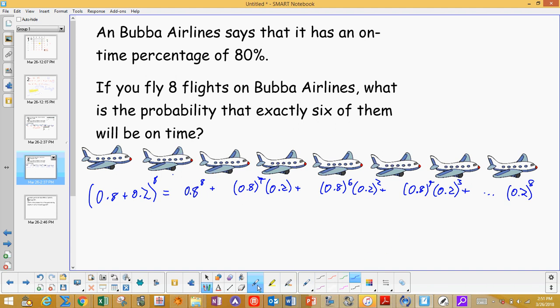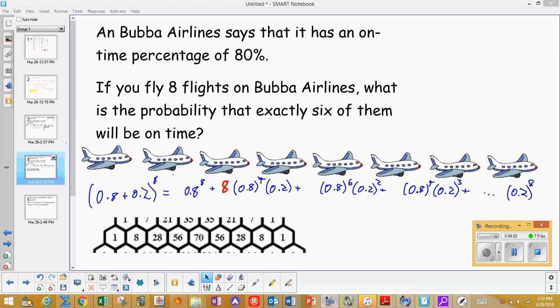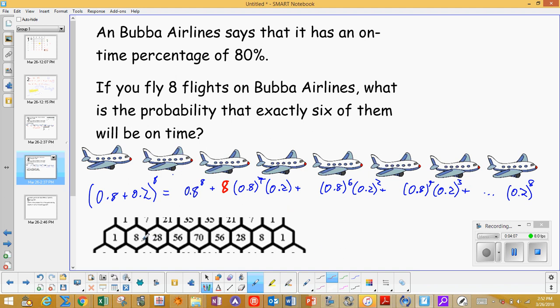Then I have to put the coefficients in. I pulled out that line from Pascal's triangle. I could do it directly. So I have 1, 8, 28, 56, and so on, all the way back down to 1 here.